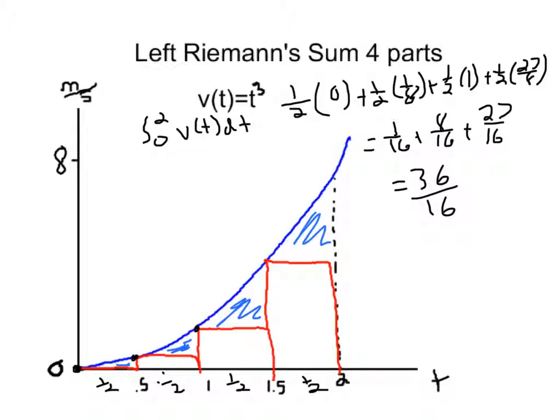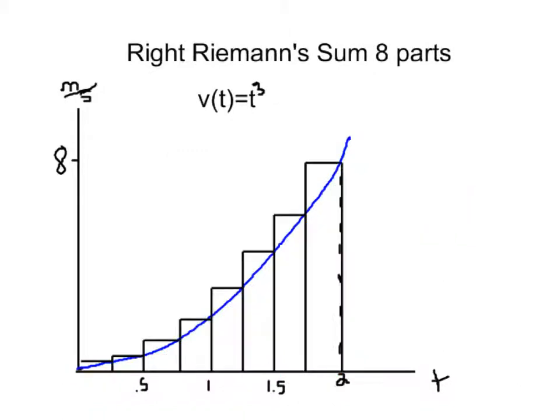Well, Riemann came up with a solution to this. His solution was use more rectangles. If I do an 8-part Riemann sum, which don't freak out, we're not going to do because there's a lot of numbers that would be involved. And on the test, they usually tap out at like 5-part Riemann sums. But I could do an 8-part Riemann sum and look at the overestimation.